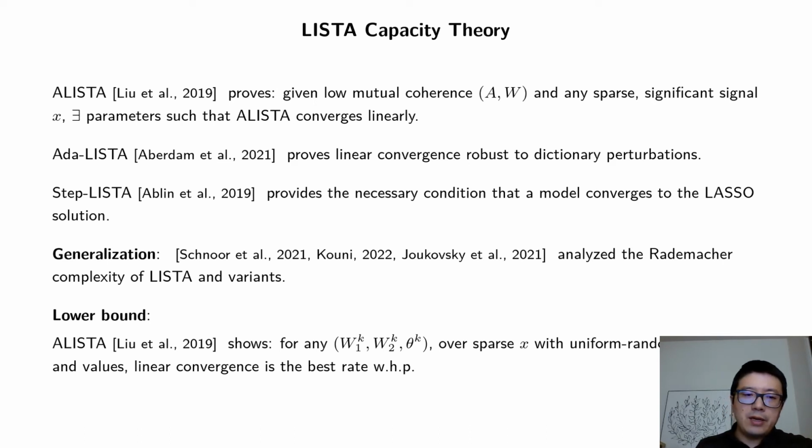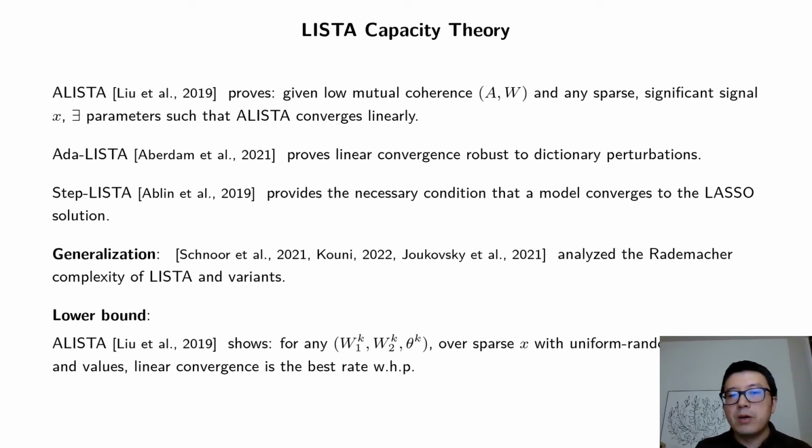Finally, there's a negative result from our paper 2 years ago. We show that even if you do LISTA, in other words, train any W1k, W2k, θk, no matter what sequence of these parameters you train, if you consider a set of sparse vectors x with uniform random supports and values, then linear convergence is the best you can get with high probability.